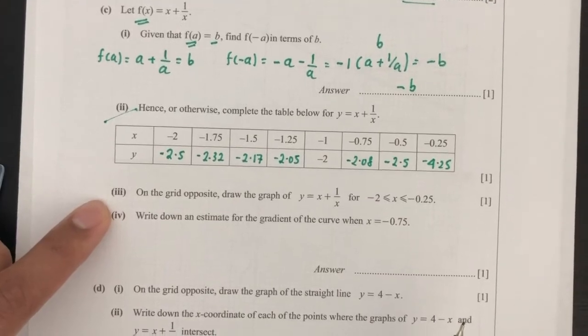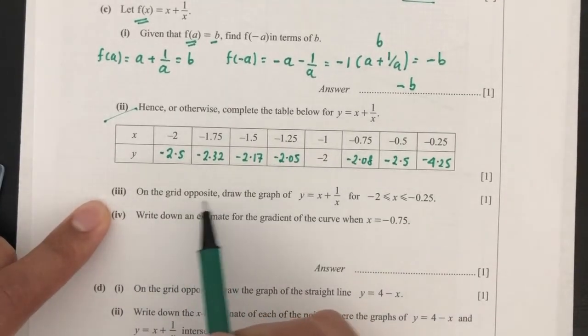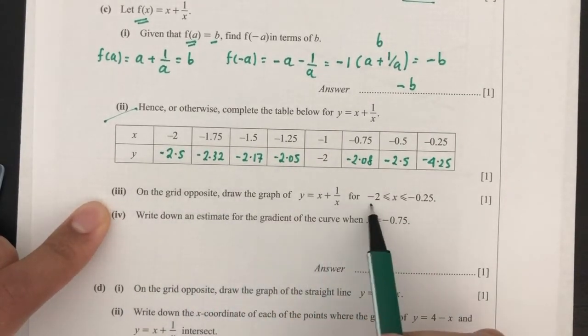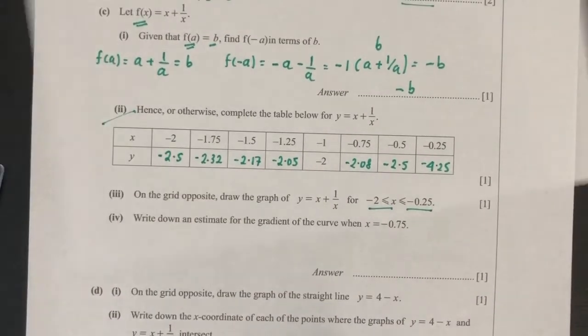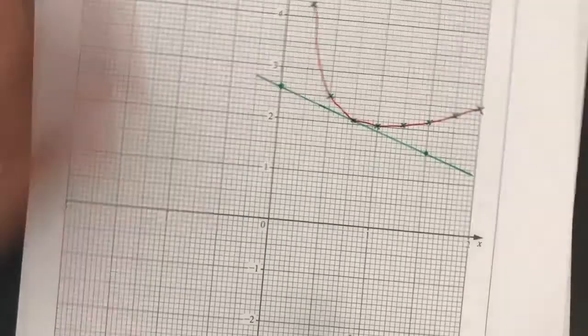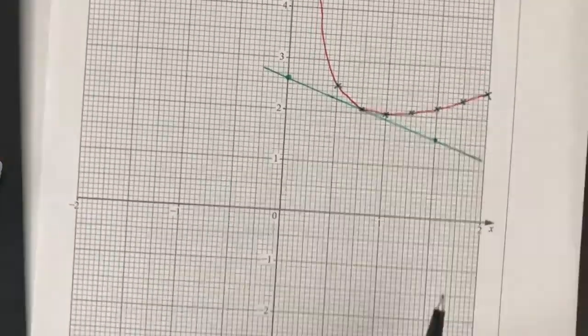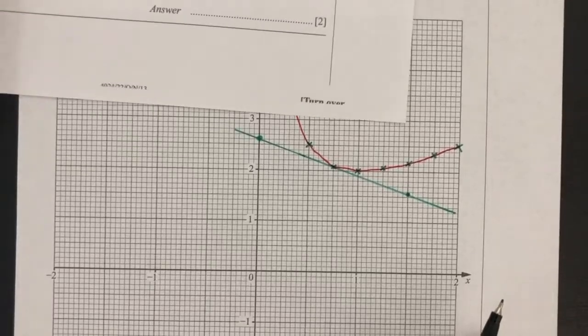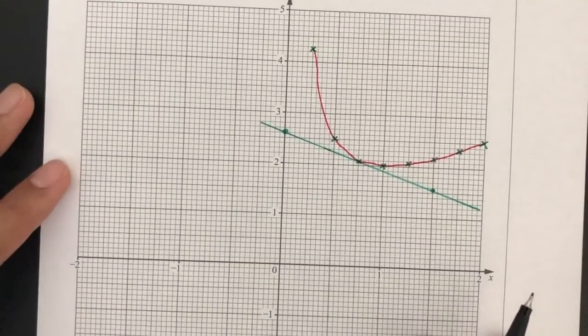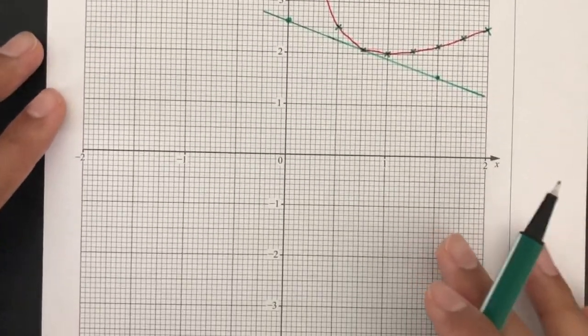Now part 3, on the grid below, opposite, draw the graph of this for this range, from minus 2 to minus 0.25. So let's plot a graph on this grid. So the first point here is, let me just position this properly.